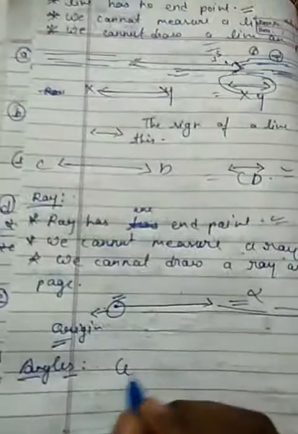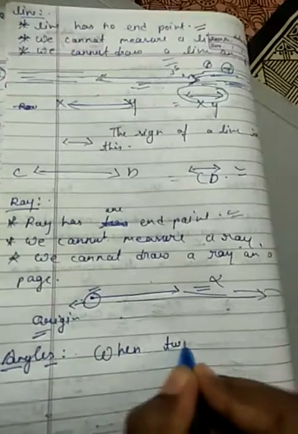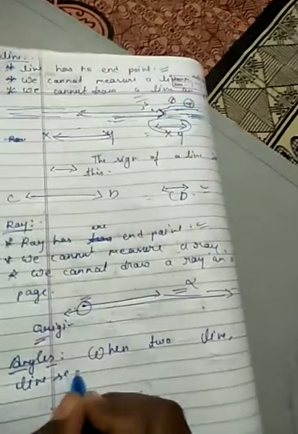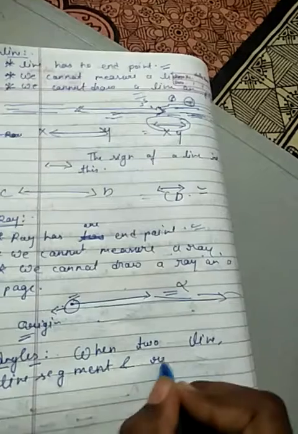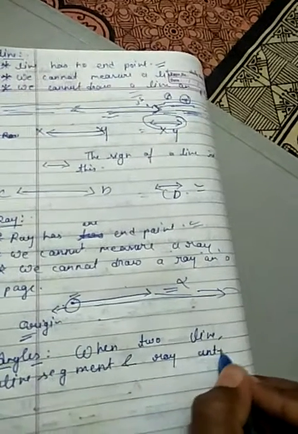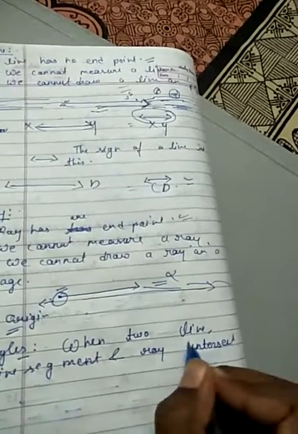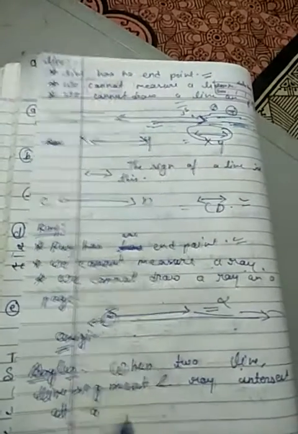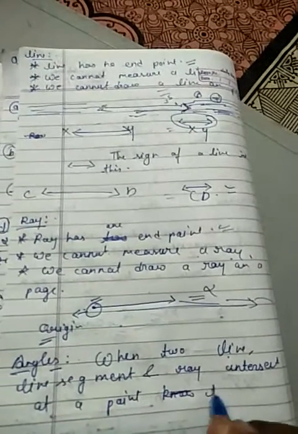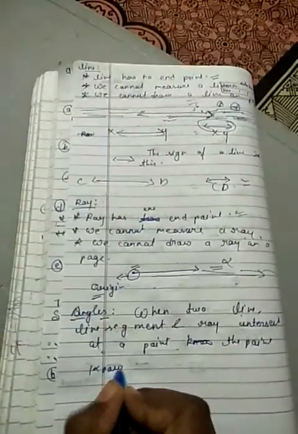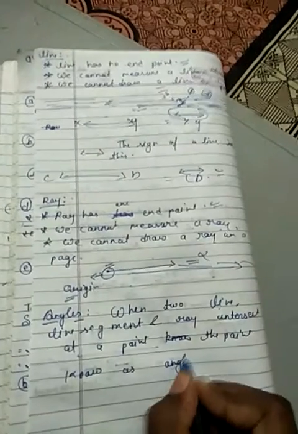When two lines, segment, ray intersect at a point, the point is known as angle.